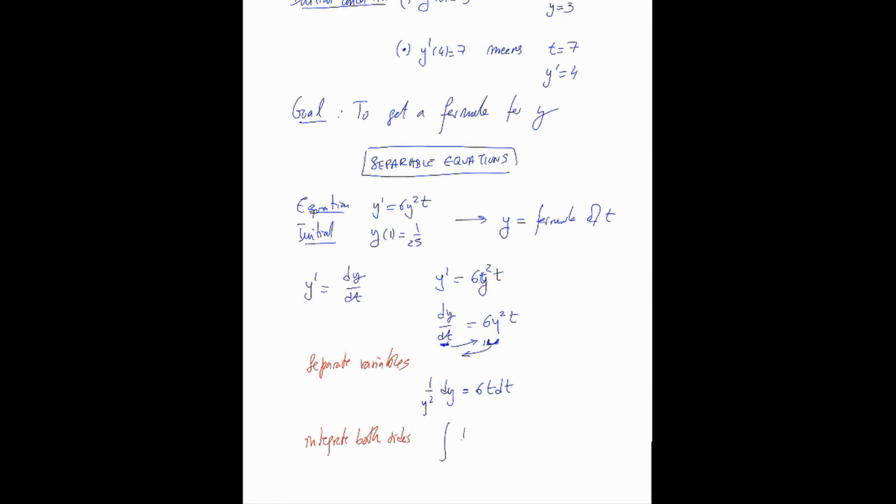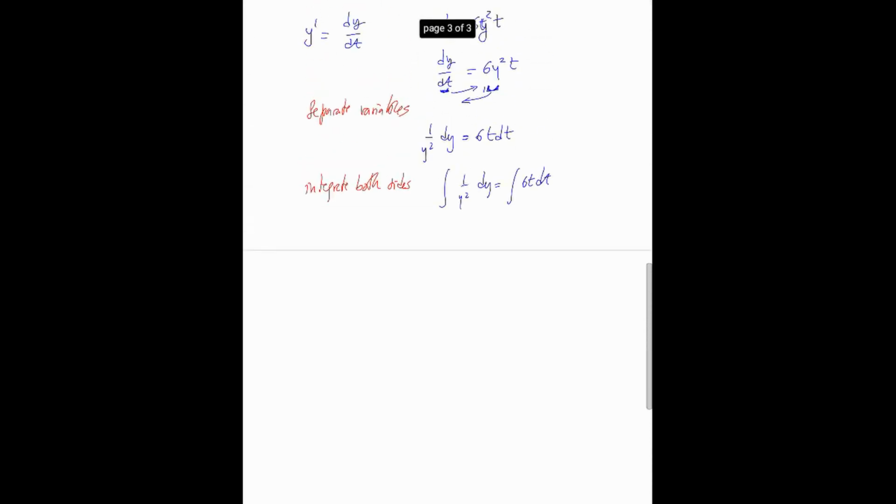The integral of 1 over y squared dy is the integral of 6t dt. And the integral of 1 over y squared is simply minus 1 over y, equals the integral of this, which is 3t squared plus a constant. Now let me tell you something about the constant. You have asked what happened with the constant of integration here.